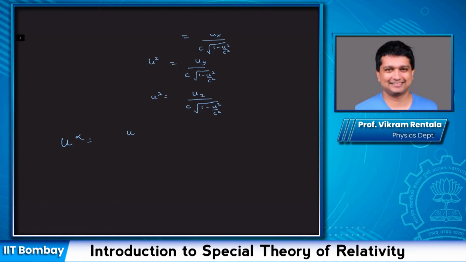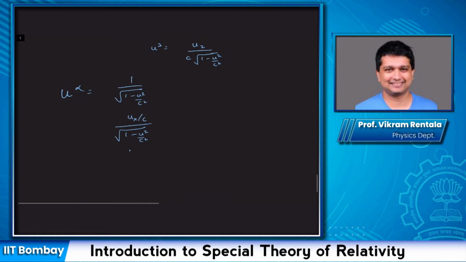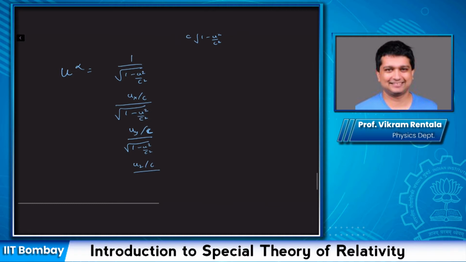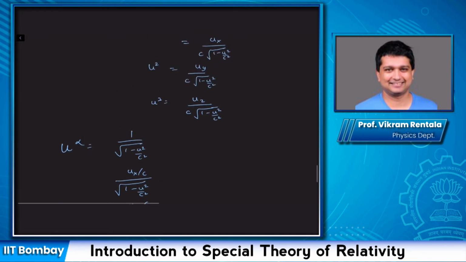So I can now write down the components of u^α as 1 over the square root of 1 minus u²/c², ux/c over the square root of 1 minus u²/c², uy/c, and uz/c over the square root of 1 minus u²/c².